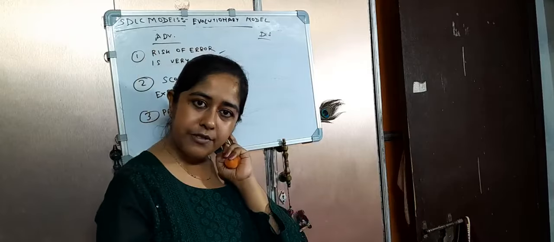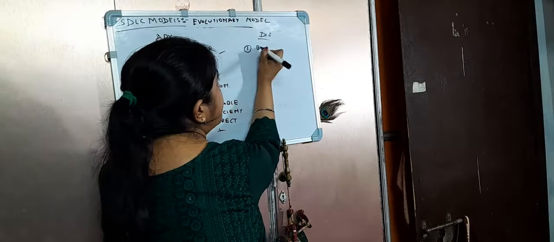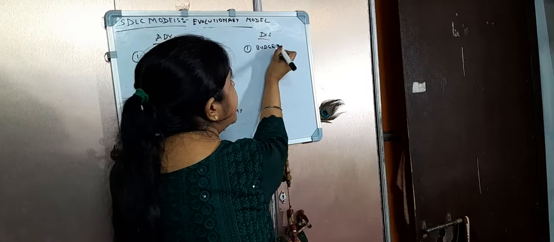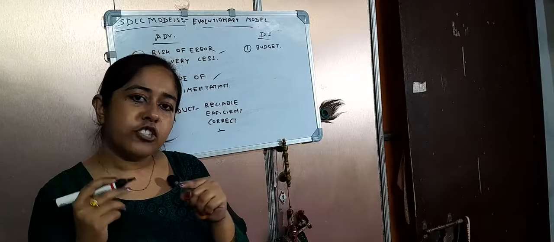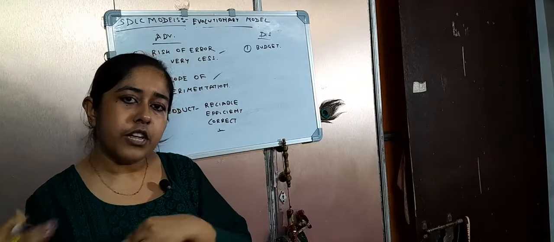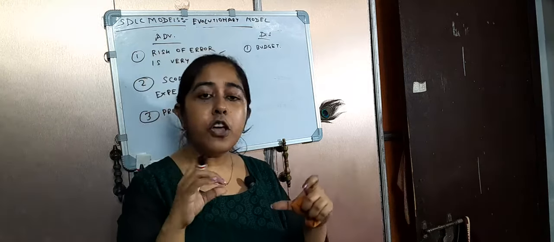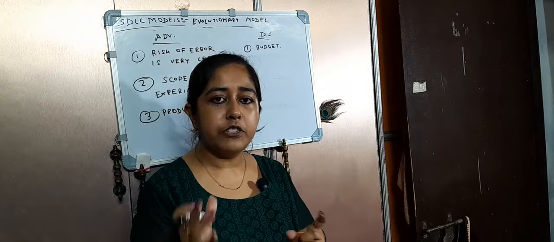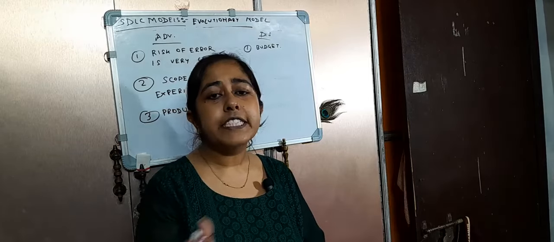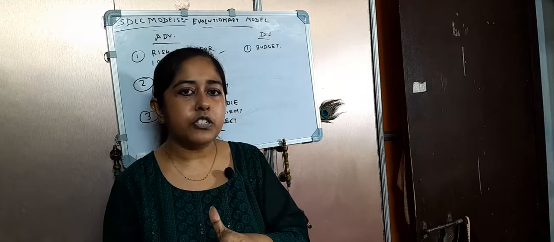But what is the main disadvantage? First one is budget is the problem. Every time you go on doing the evolution of your software, you go on interacting, as you have seen, a loop is there. Whenever you give the version you have made to the customer, you cannot say that every time the customer will give you positive feedback.